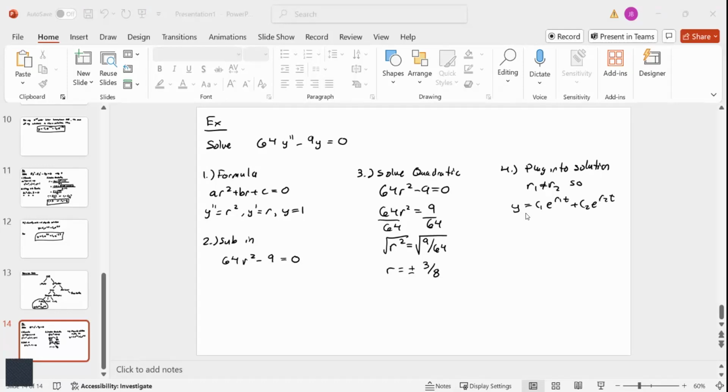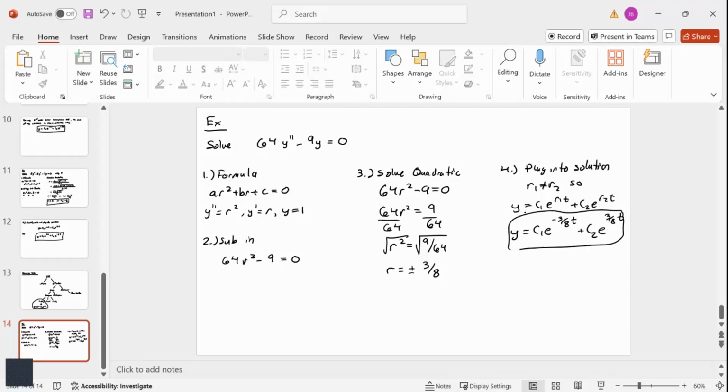Now, does it matter which one I call R1 and R2? Absolutely not. Does not matter. But sometimes in the directions, they might say like R1 is the smaller of the two or bigger of the two. So as always, read the directions to make sure that you plug it into the correct spot if necessary. But it doesn't really matter. And there you go. You're done.